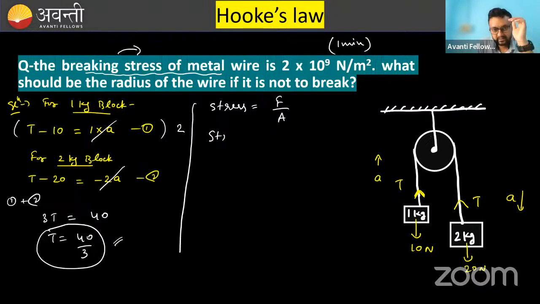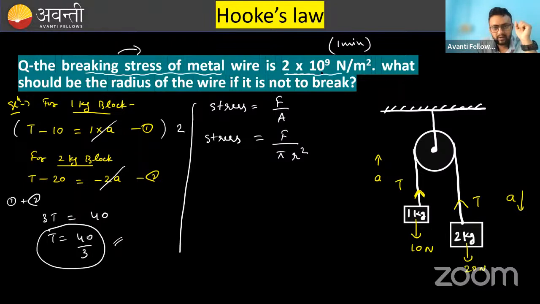Stress is equal to force, I know the value, upon area, which is pi r square. Now you can see that if stress is maximum, then radius should be minimum.